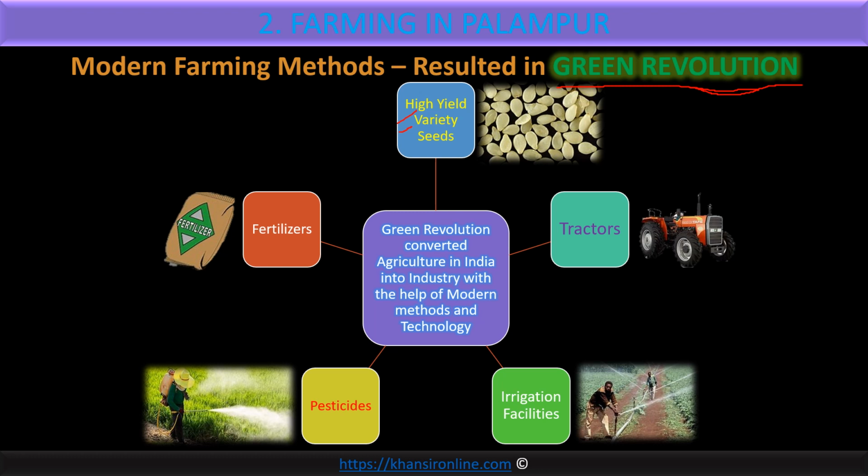And fertilizer. What is fertilizer? Fertilizer is a kind of chemical that enhances the productivity of land. For example, in the sports industry, there's a dope test. There are some kinds of drugs, some kinds of medicines available.